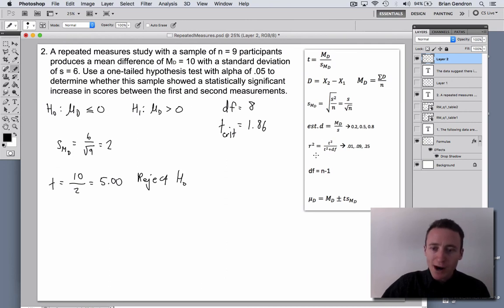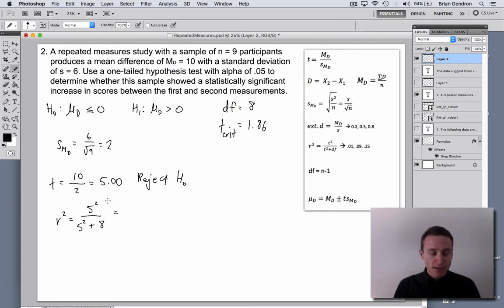All right, in the last problem, we calculated the estimated Cohen's d. Let's do r squared in this one. Remember, they're both effect size, but they measure effect size differently. And so let's do r squared this time. R squared is your calculated value of t squared over t squared plus degrees of freedom.